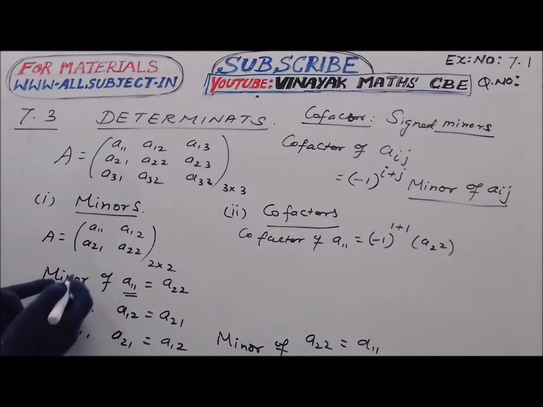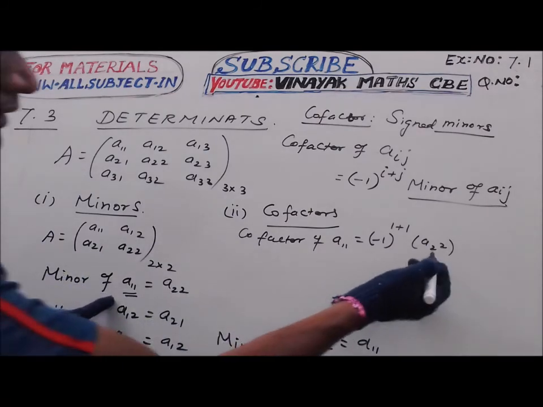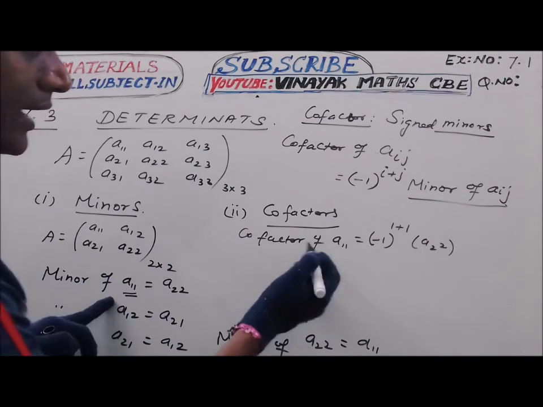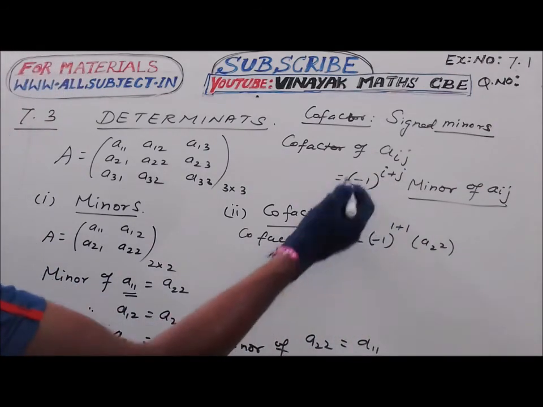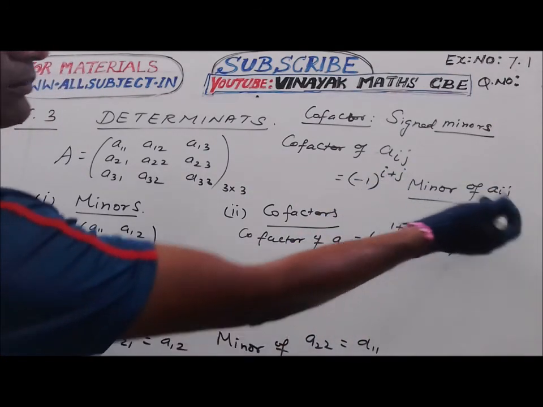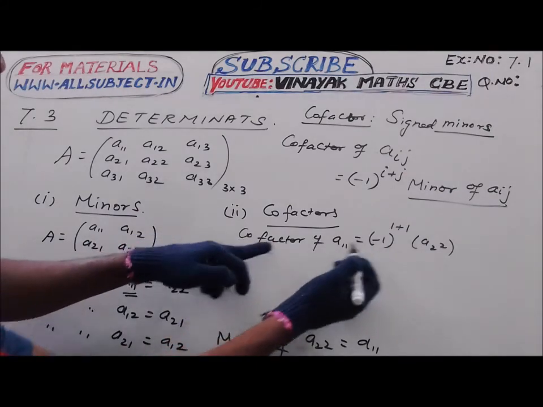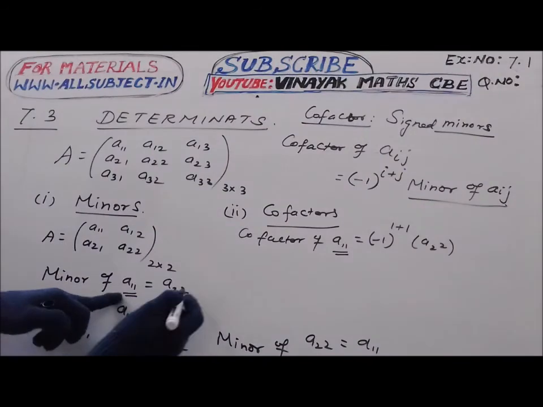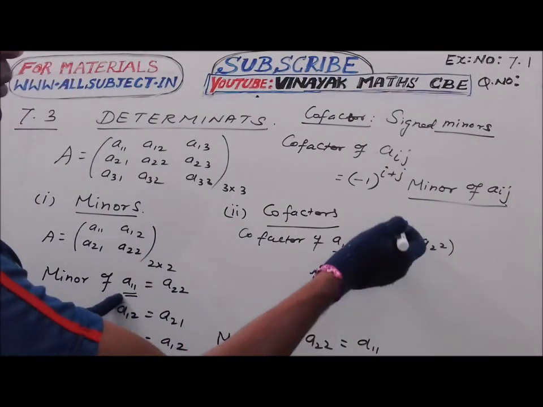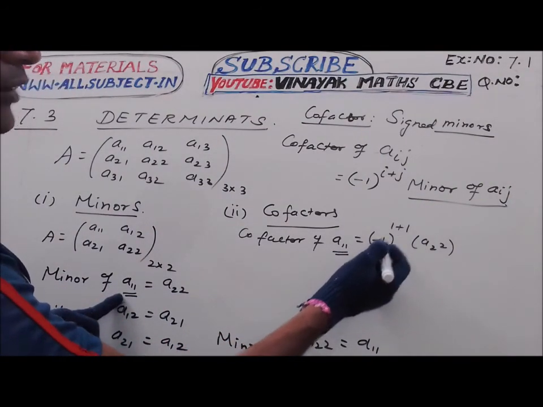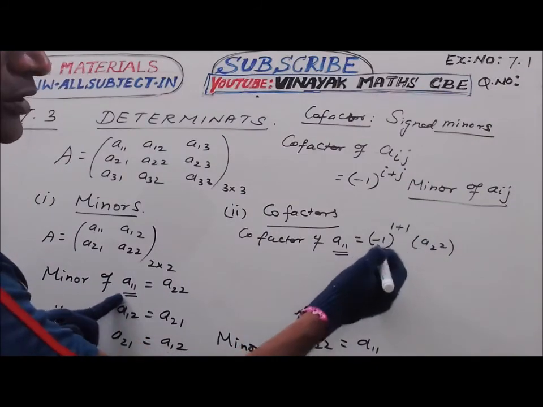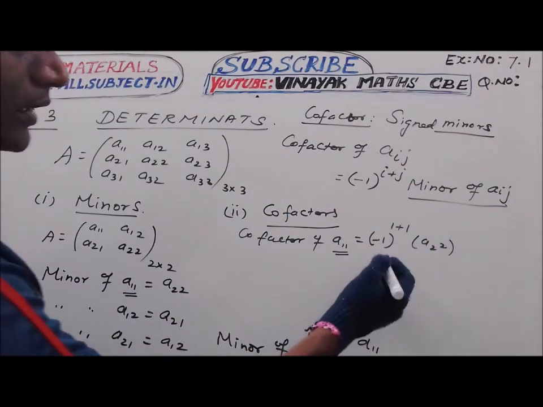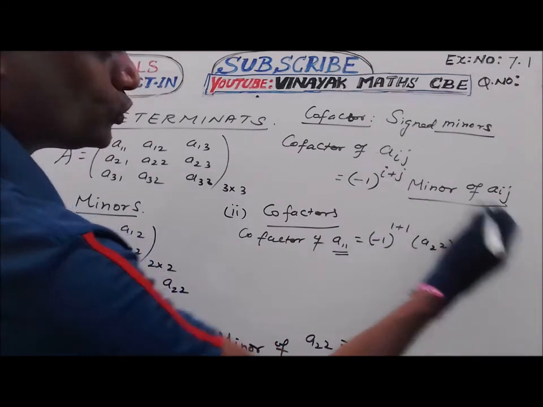The minor of A11 is A22, and by the formula we have minus 1 power i plus j into the minor value. So minus 1 power 1 plus 1 is minus 1 power 2, which is plus 1. So it will be equal to A22.